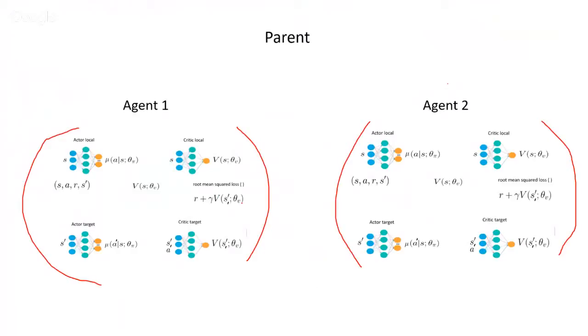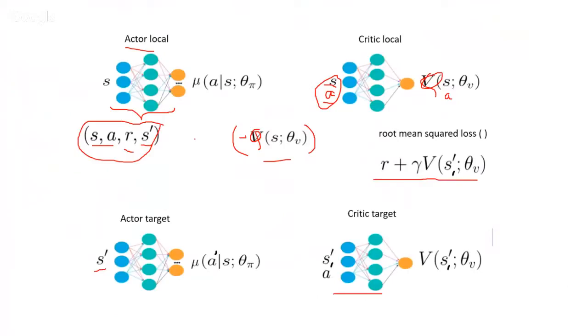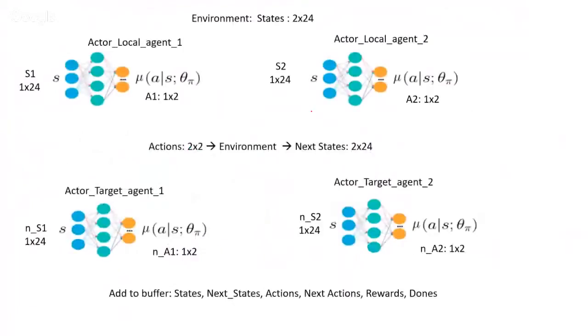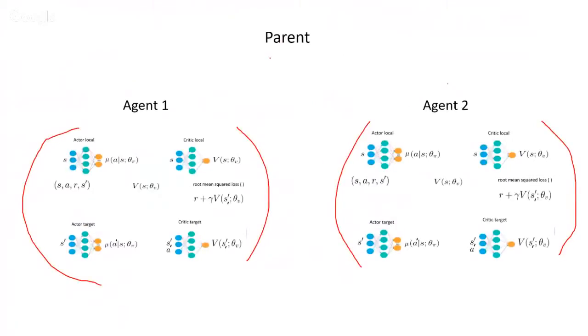So let's see that. And don't worry about what I said about the sampling and all. It will be more clear when I show you the further stuff, next slides. Okay. So there is a parent, and it has two agents.